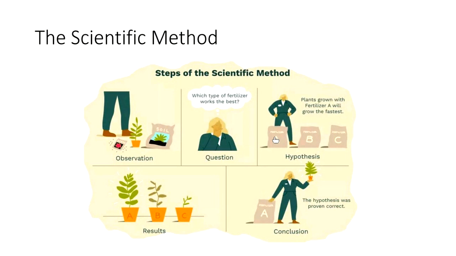So I go home, buy three plants, exactly the same type of plant, and I start my experimentation part, okay? So I apply fertilizer A to one of the plants, fertilizer B to the other plant, fertilizer C to the other plant.